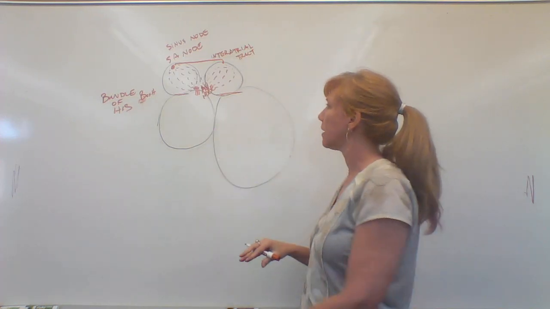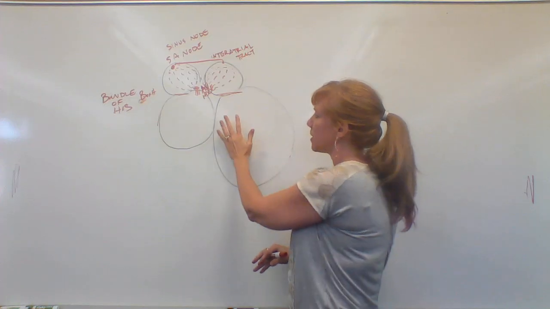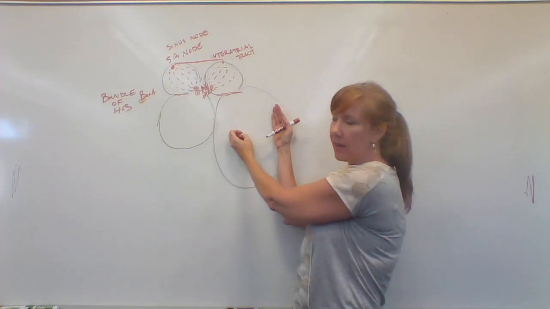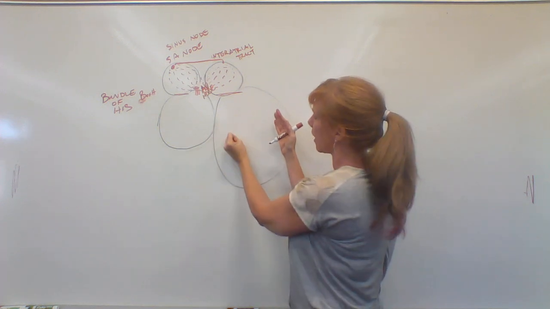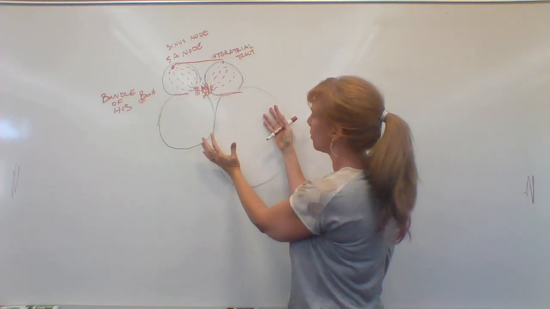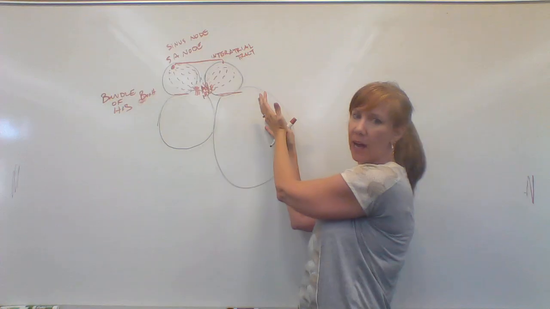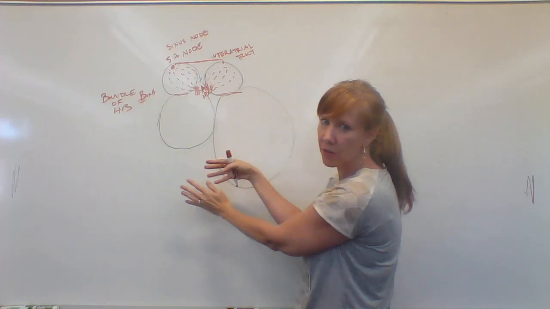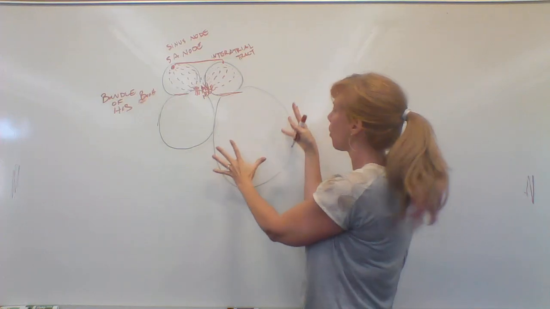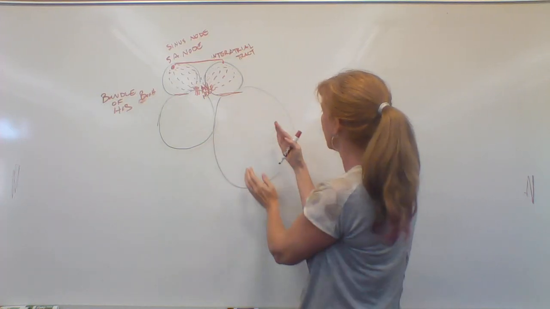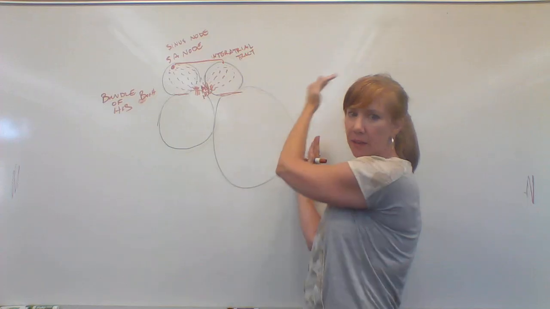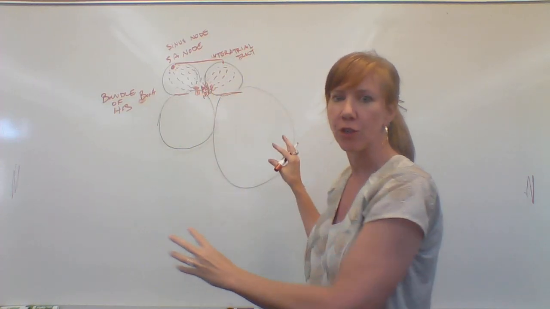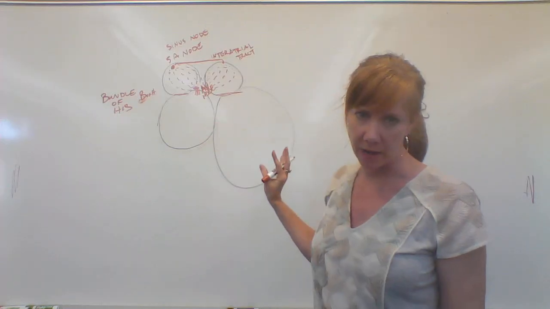What you wouldn't want is to bring electricity and have some cells start contracting, but these cells haven't gotten anything yet. Because what would happen if these contracted and these were just sitting there? Well, the blood would all get pushed to this side and then relax. And then this would contract and the blood would all slosh. So you get sloshing, right? We need it all to squeeze in so that this door will open and the blood will be pushed out.